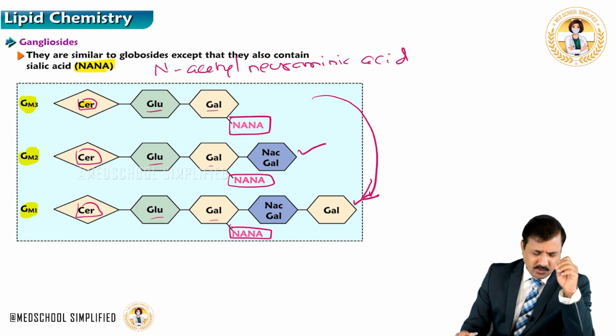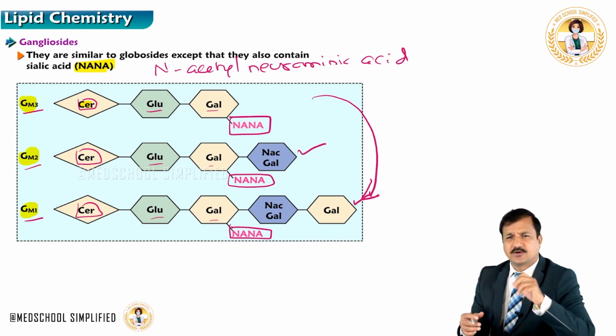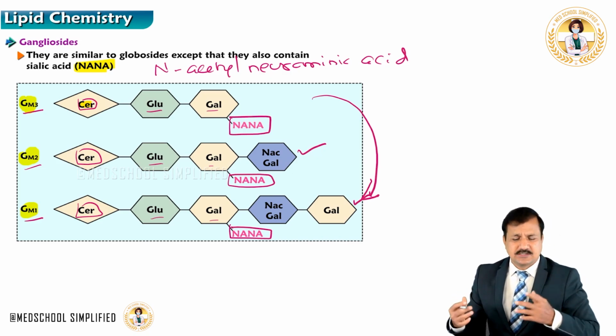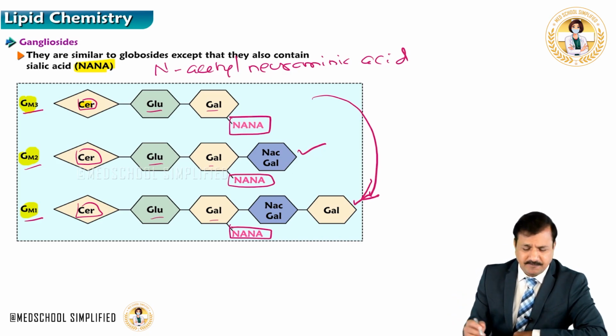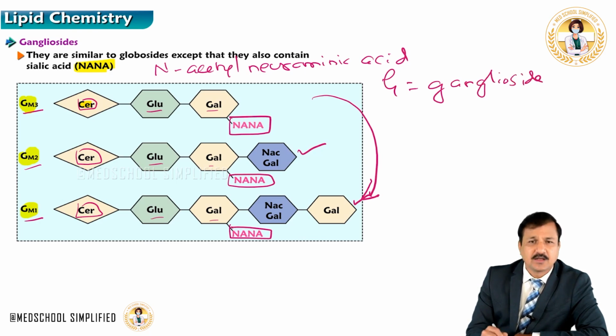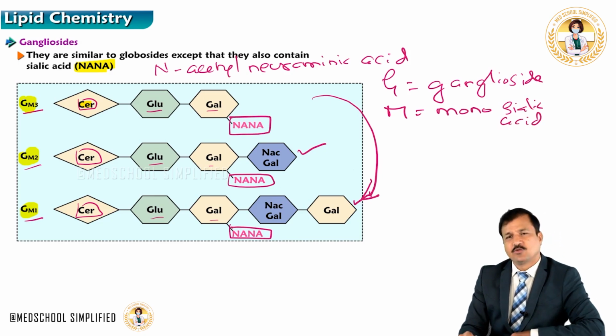Now note why these molecules are referred to as GM1, 2 and 3. Let me just explain that particular aspect. G here indicates ganglioside. And M indicates monosialic acid, meaning attached with one sialic acid.